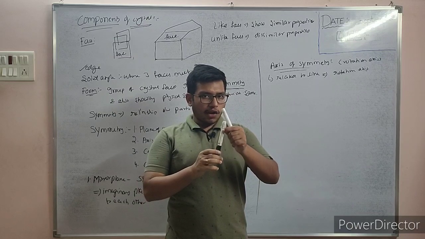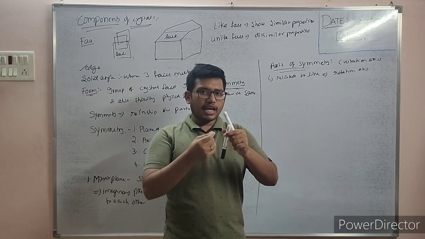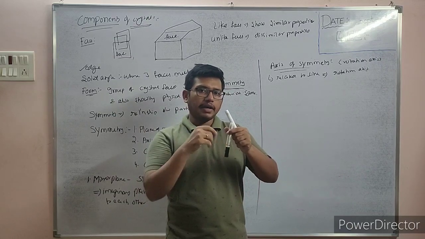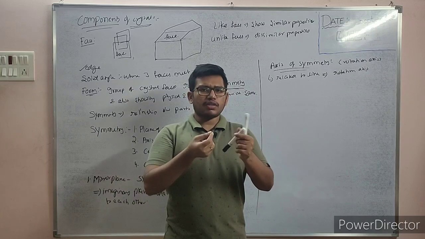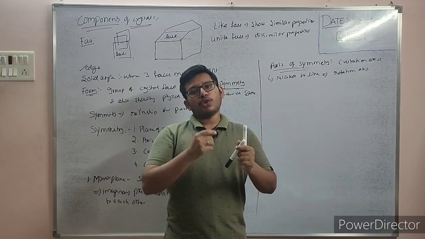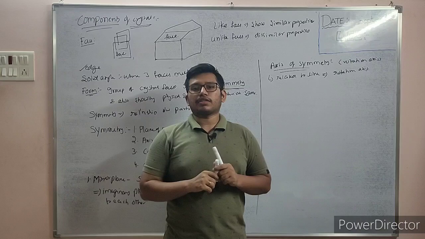When you are rotating along it, a motif can be rotated and repeated one time, or two times, or three times, or four times, or six times during the complete 360 degrees of rotation.